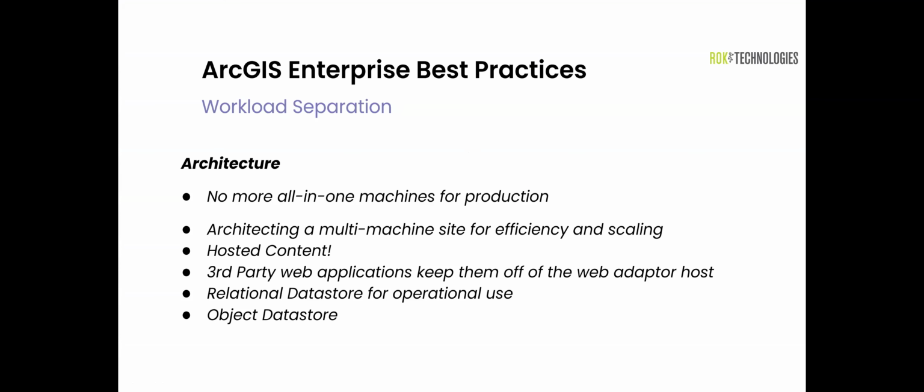One thing I really want to drive home is the architecture pattern of a multi-machine site as opposed to an all-in-one. If anyone's familiar with standing up ArcGIS Enterprise, you can stand it up all on the same server, which is an all-in-one, where you have portal, server, data store, and the web adapters all on the same server, and that's serving the entire site.